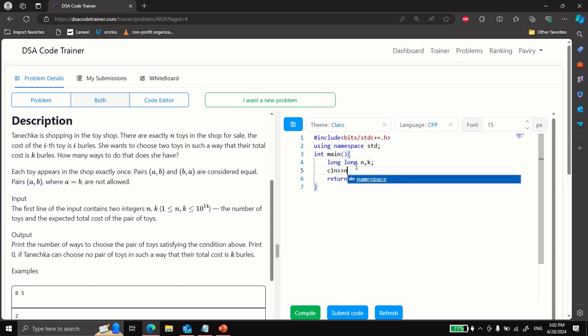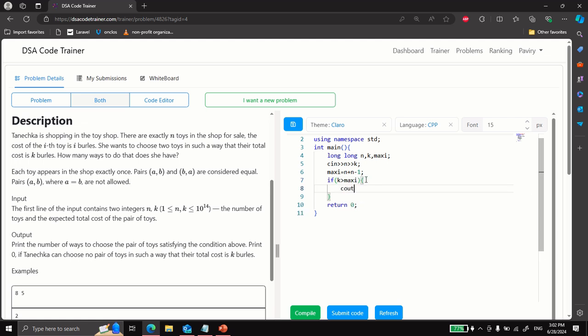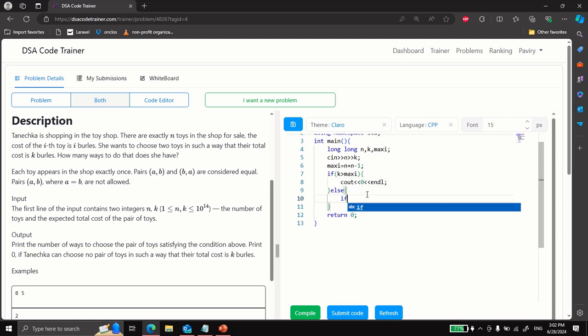While we read the n and we read the k, let's get the largest number that we can get, let's call it maximum. So my max is going to be n plus n minus 1, as we said. Now let's see that if my k is greater than my max, we just print 0. Otherwise, we are going to consider two things.